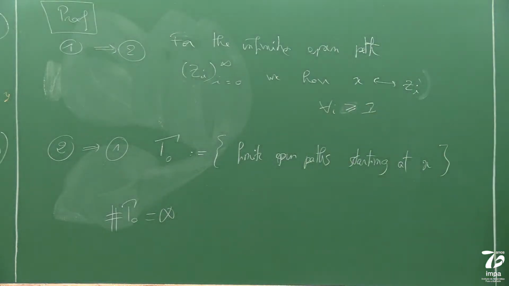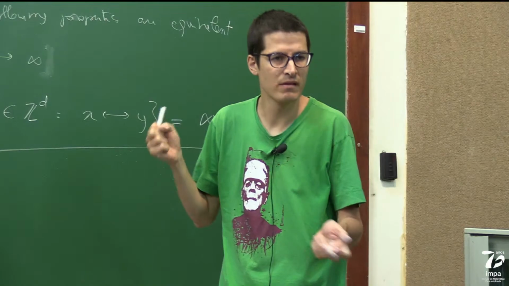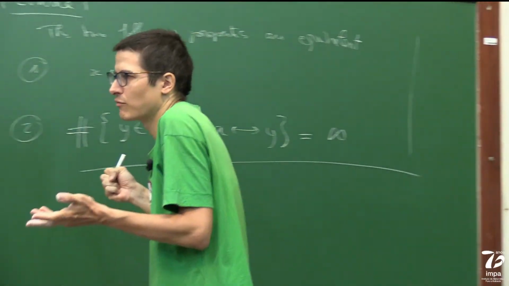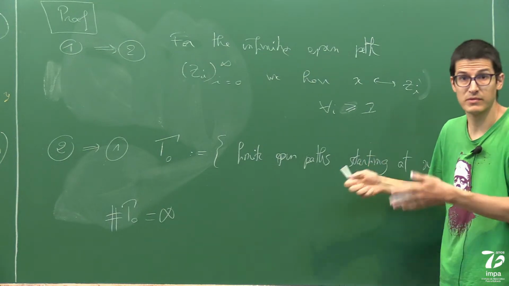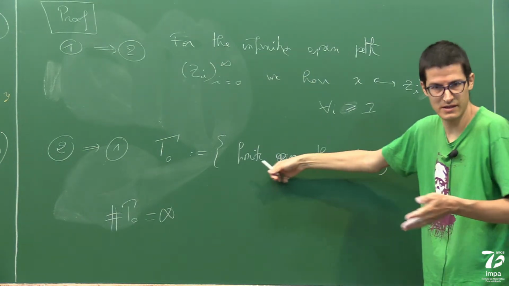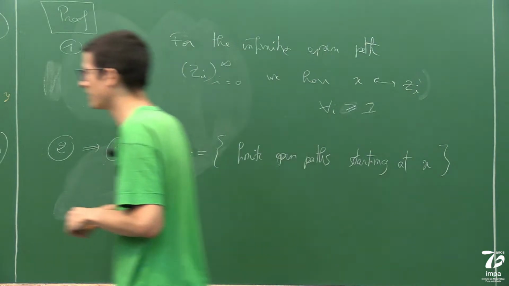Because for each y in this set, I have a path. For 2 different y's, the paths are distinct. Okay, they are not disjoint, but that's not the matter. They are distinct, so this set is infinite.